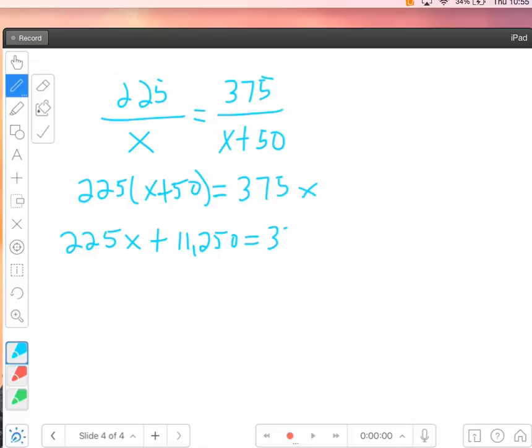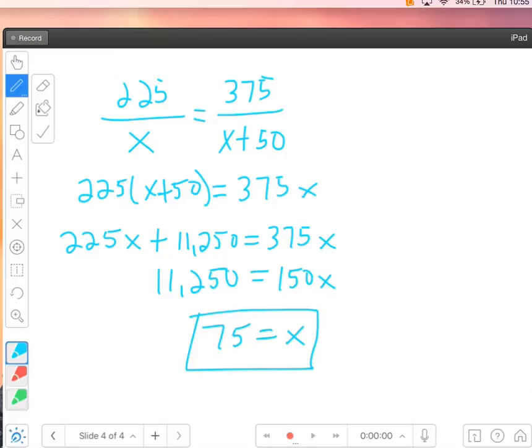That still equals 375X. We can then subtract 225X from both sides of our equation to get 11,250 equals 150X. And then lastly we can divide both sides by 150 to get that X is equal to 75.